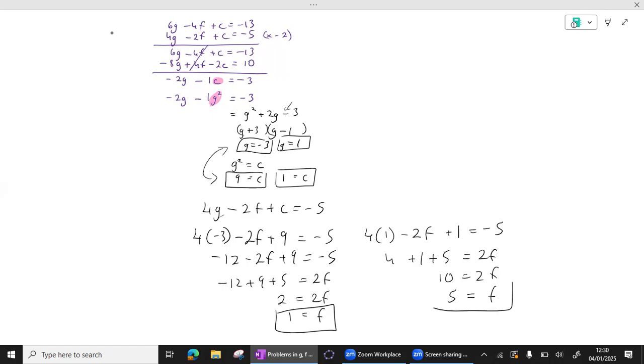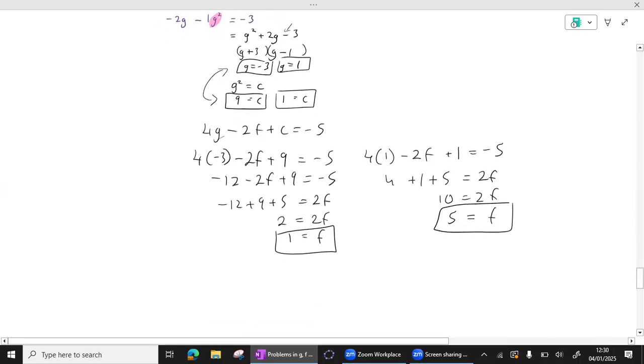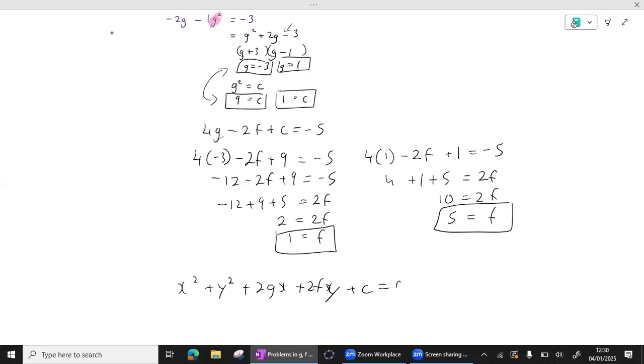Now, all I have to do then is fill in my values in x squared plus y squared plus 2gx plus 2fy plus c. So if g is minus 3, f is 1, and c is 9 in that scenario.